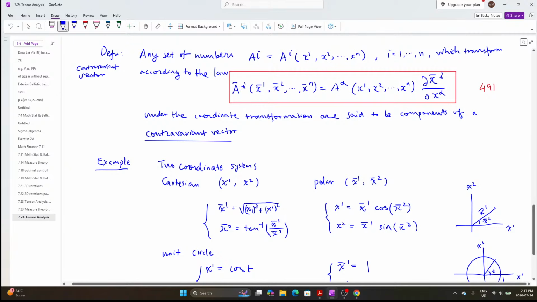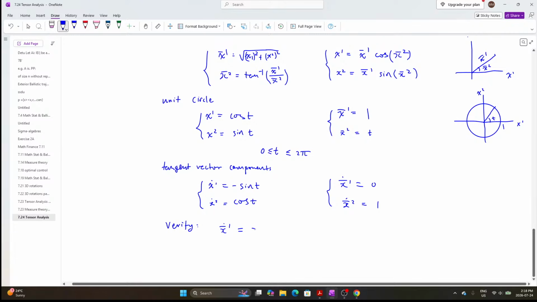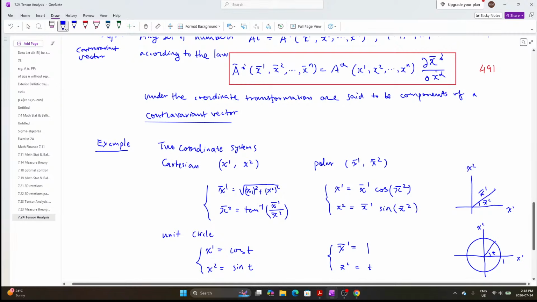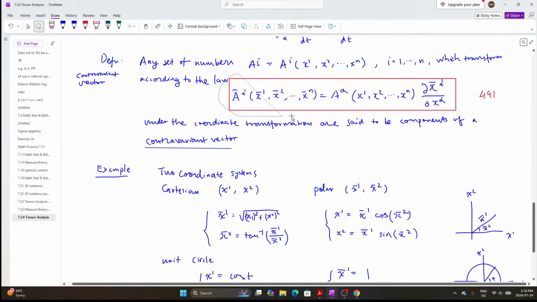The bar component is the sum over the unbarred coordinate, so that's x dot alpha, times the Jacobian, the transformation. So you get dx bar i over dx alpha. I'm actually just going to, you know what, just to save some scrolling back and forth.